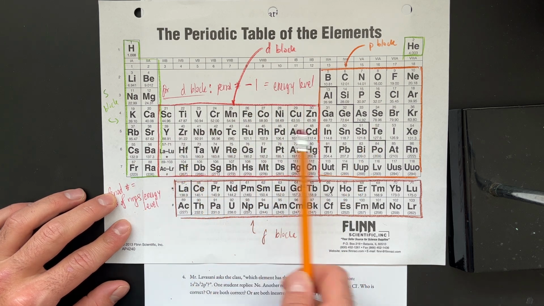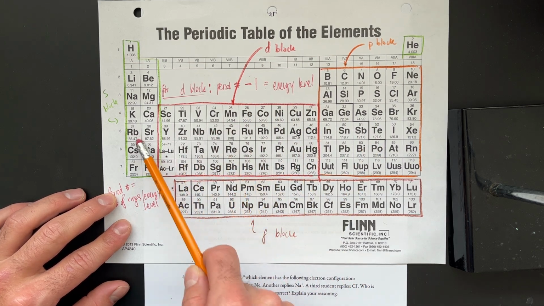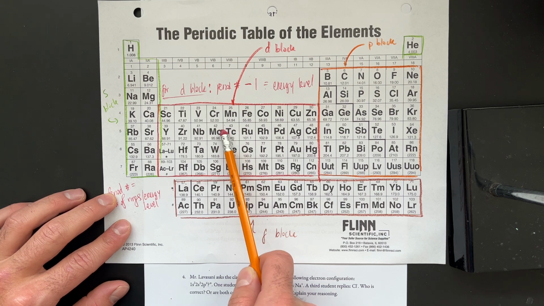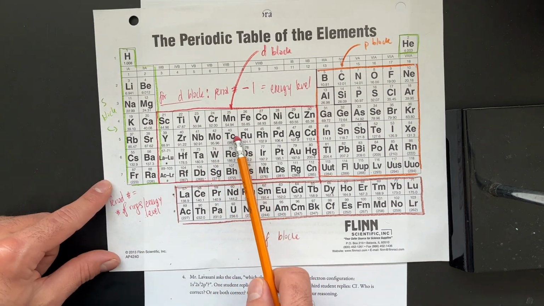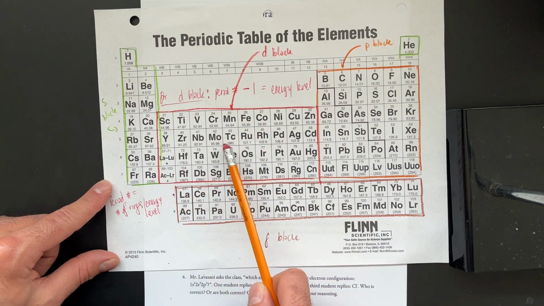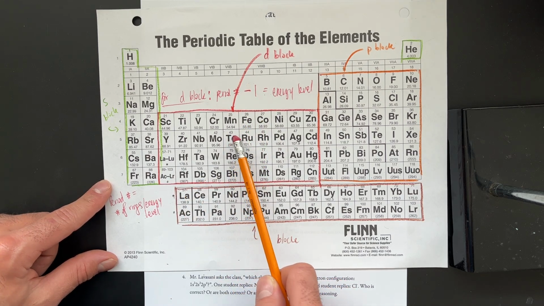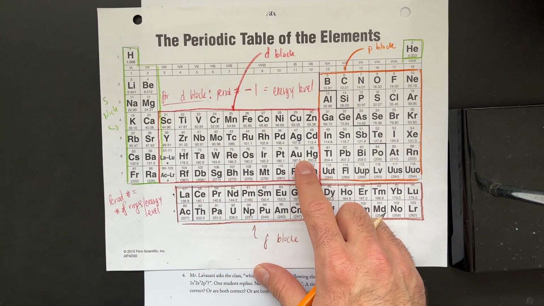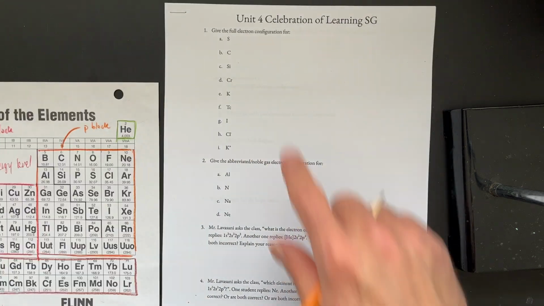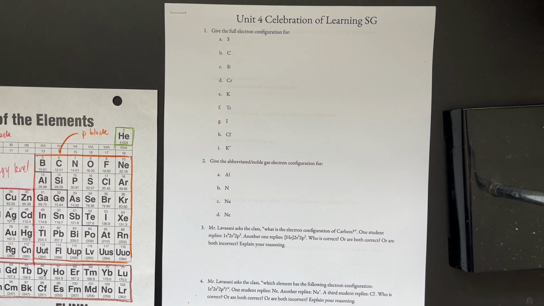So, for example, here, something like Tc, it's the 5th period, but its D orbital is not going to be at the 5th energy level, but 5 minus 1. So it's going to be at the 4D. It's going to be the 4D orbital at that point. But anyways, do annotate it up like this, and I'm going to use this a lot as I walk through these for you guys.